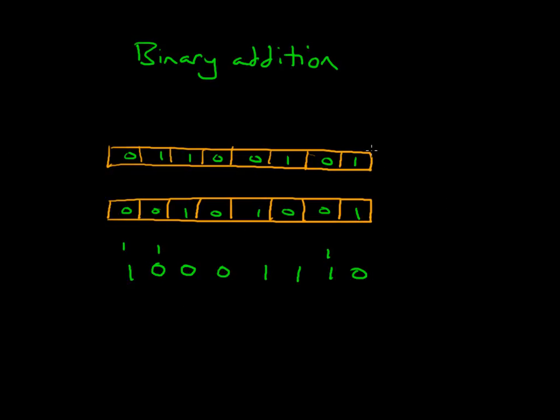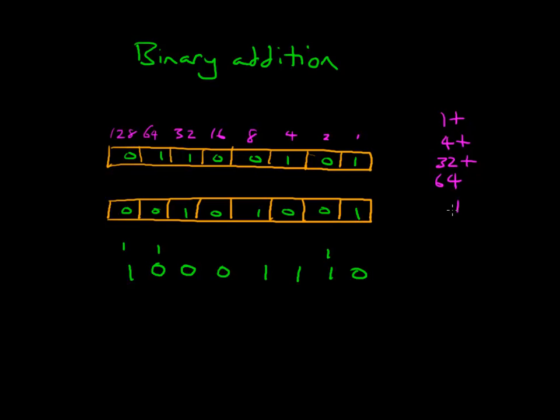So I can translate these numbers into their denary equivalents. I've got the 1s column, 2s, 4s, 8s, 16s, 32s, 64s, and 128s. So this is 1 plus 4 plus 32 plus 64.